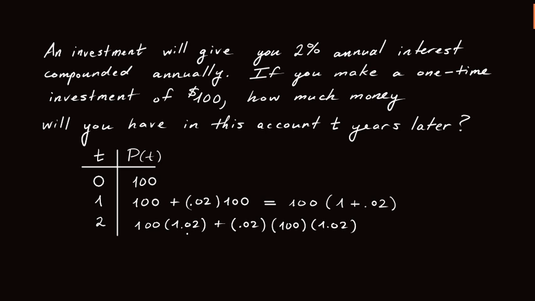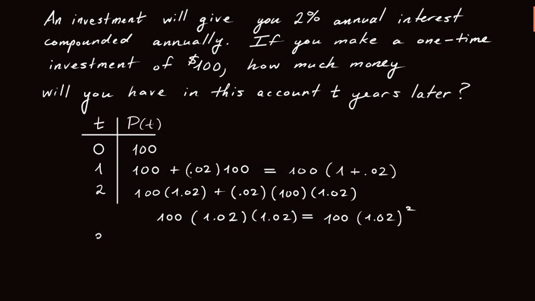I can call this 1 times that. So what I get is 100 times 1.02 from the fact this is 1 and this is 0.02, and then I get another 1.02. So all together, that's 100 times 1.02 squared.